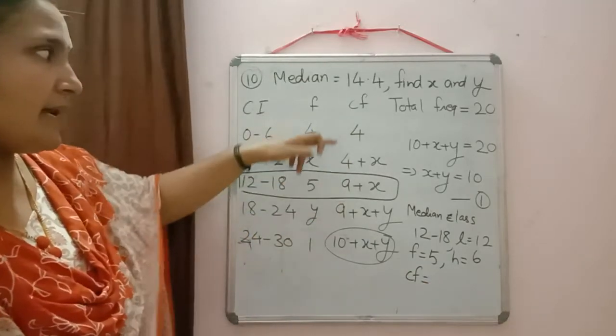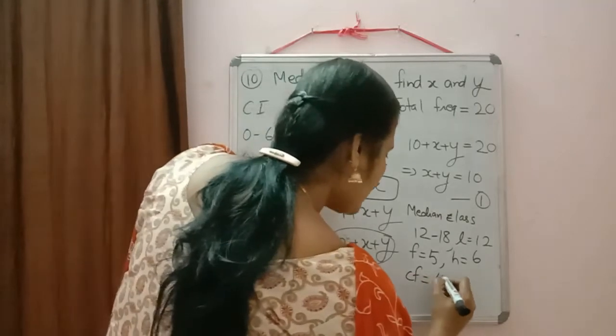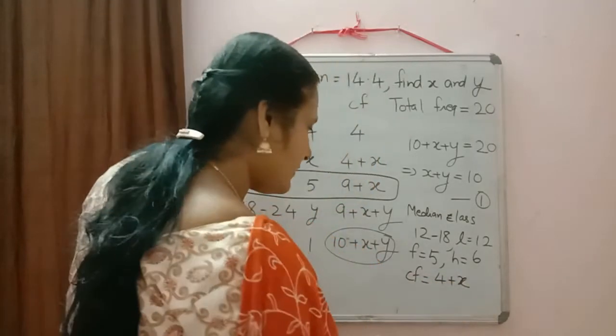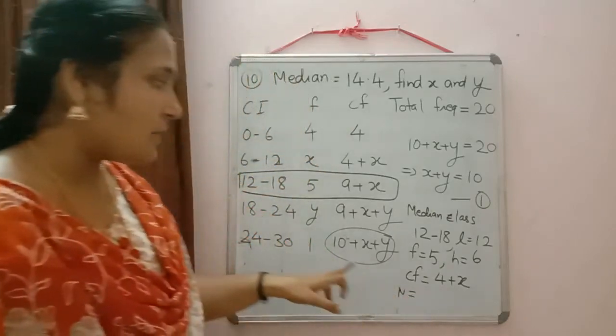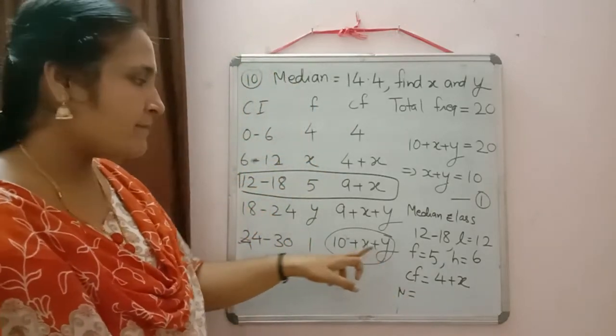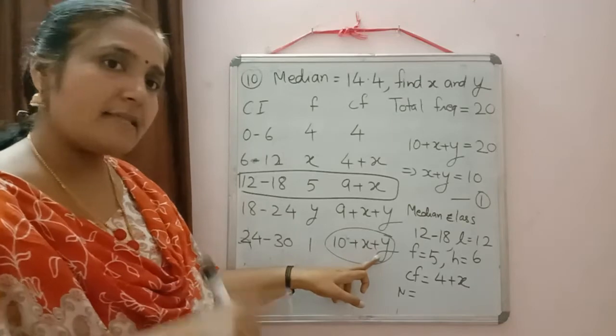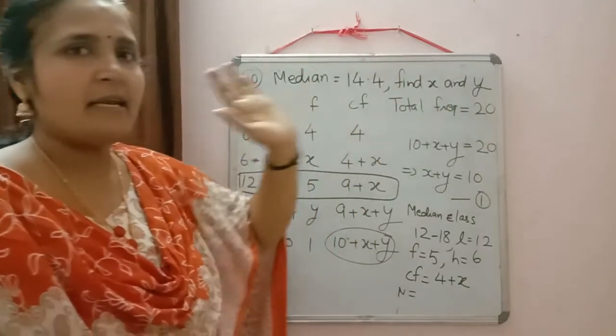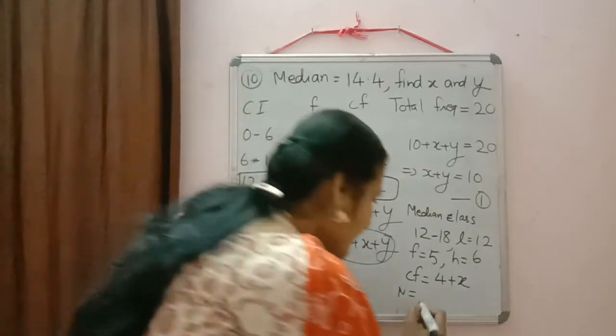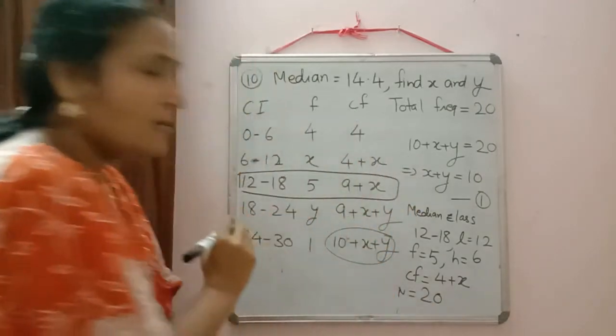Yes, previous class, that is equal to 4 plus x. And one more thing, when you write n, don't write n is equal to 10 plus x plus y. 10 plus x plus y is the total frequency, and the total frequency is already given, it is equal to 20. So write here n is equal to 20.